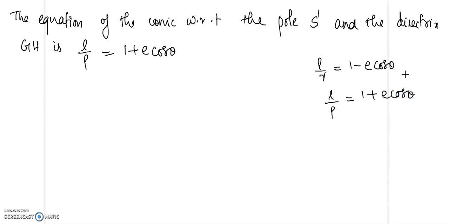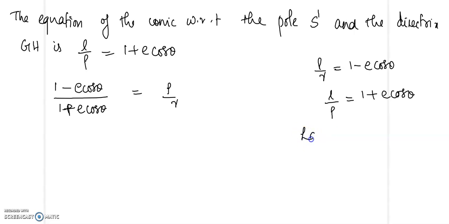So let us take the ratio, 1 minus e cos theta by 1 plus e cos theta. So that will give rho by r.